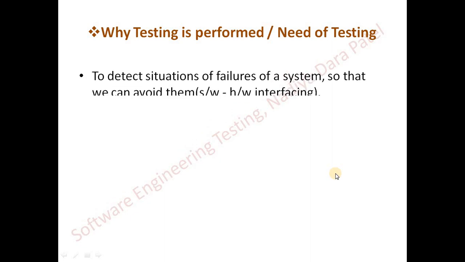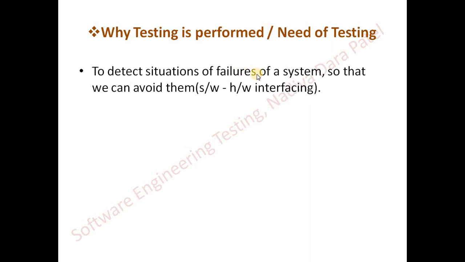So why is testing performed, or what is the need of testing? To detect situations of failure of a system so that we can avoid them. Now again you will have a difference of opinion: if the developer is checking every single program against errors, debugging, and then integrating every single module and forwarding it to the testing team, and the testing team is again checking it and clearing all of the defects, then how come there could be a situation of failure?